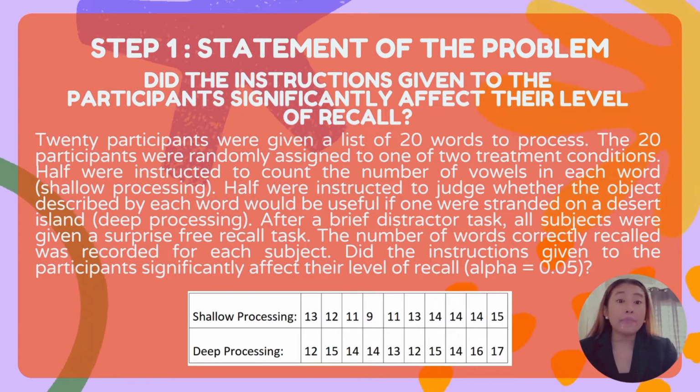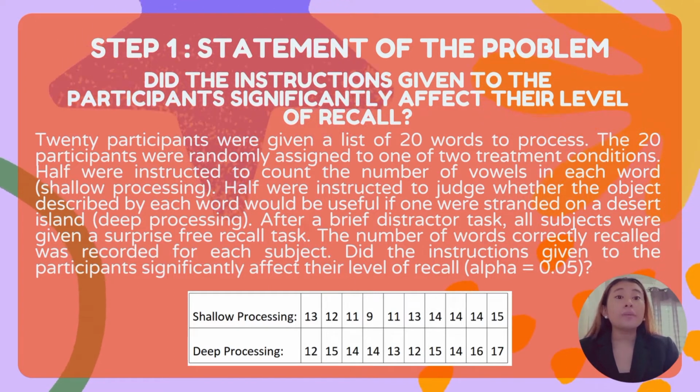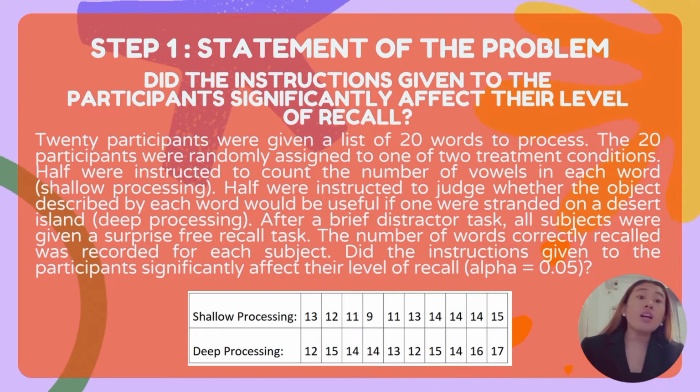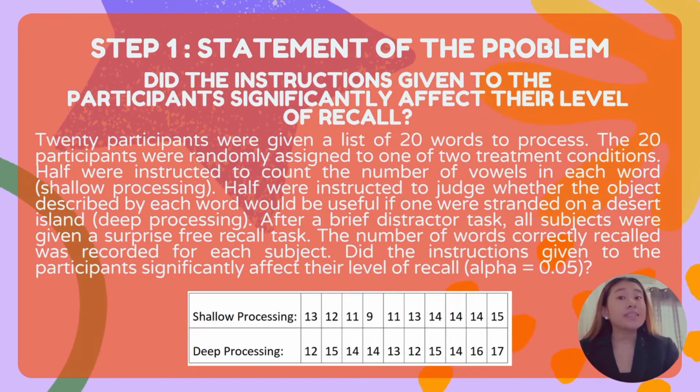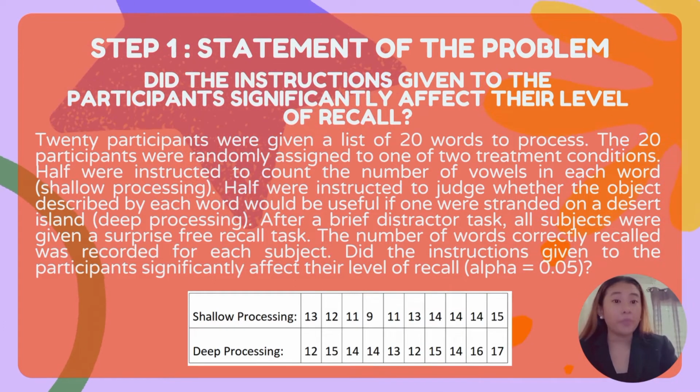This is the gap or the claim in which we need to find answers and prove. The participants were given instructions and we need to prove later on if it indeed affects their level of recall or not. This is why this is our statement of the problem.